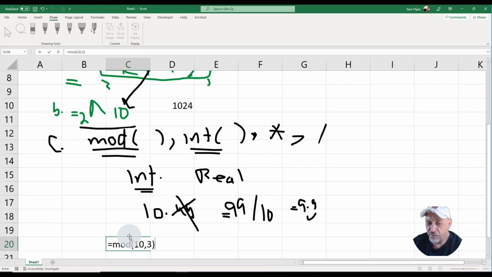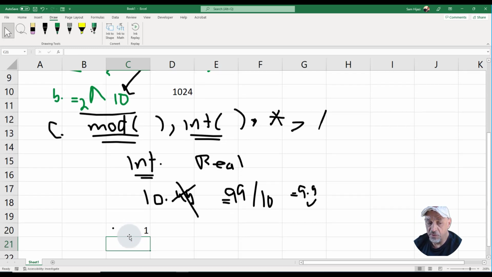Of course, 10 divided by 3 is 3, meaning every kid will have 3 cookies, but there will be something left over, or a remainder, which is the mod, and it is going to be 1. 1 is whatever is left out of the division.